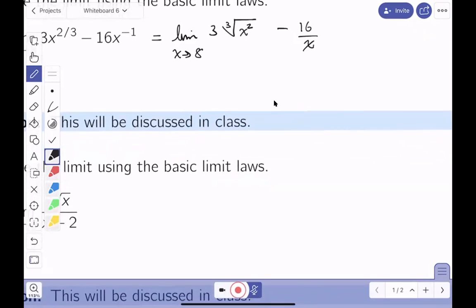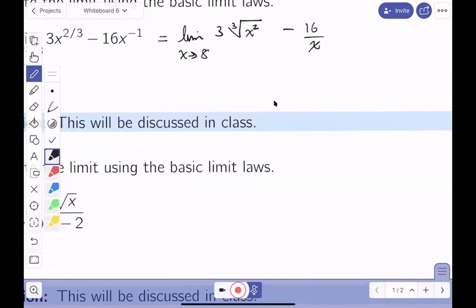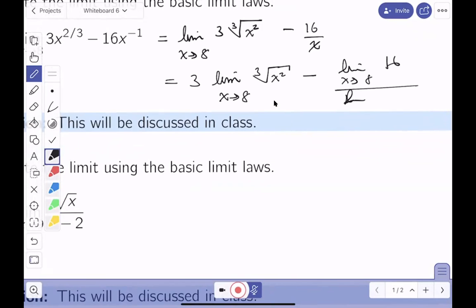Well, again, in the future, you're not going to see me do what I'm doing now. But I'm going to write this as 2 separate limits. So 3, yeah, I'm using limit laws, minus 2 limits. Limit as x goes to 8 of the number 16 over limit as x goes to 8 of x.